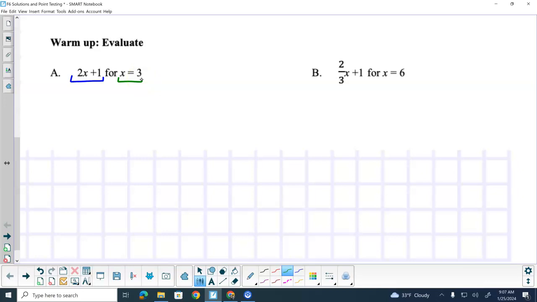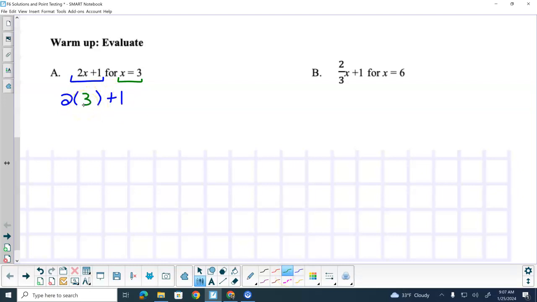Nope. Not yet. Gotta do something first. What do we do first? We plug what in for what? 3 for x. Yep, we're going to put this 3 in place of x. Okay? So we're going to have 2 times 3, then plus 1.